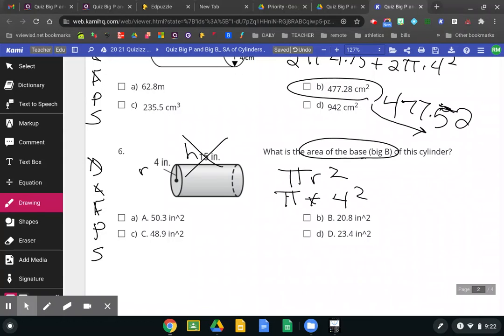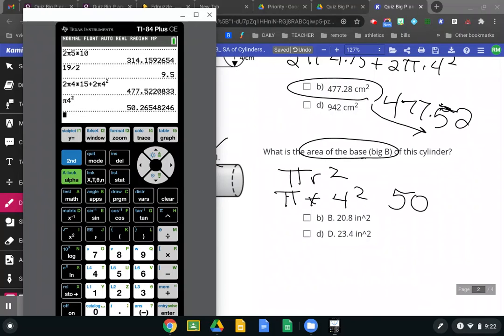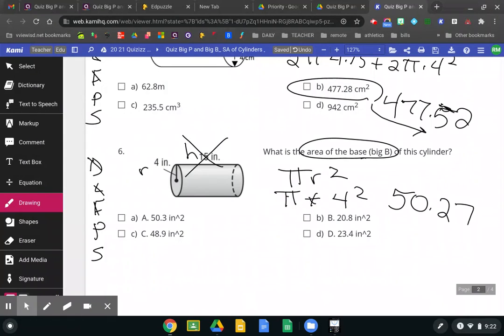As you can see, I am not putting times, and it still works. So this one is 50.27. The closest one is 50.3, because it's just one number after the decimal.